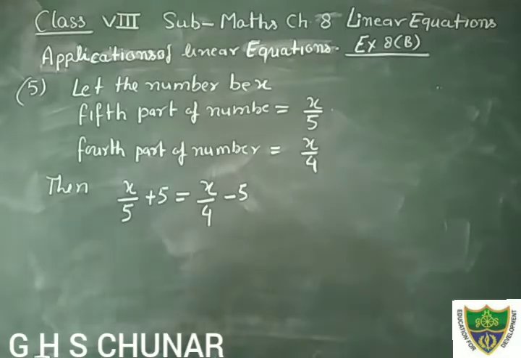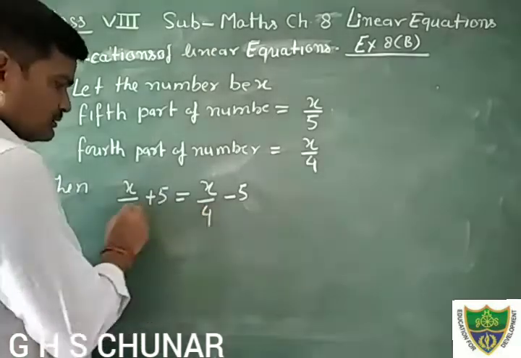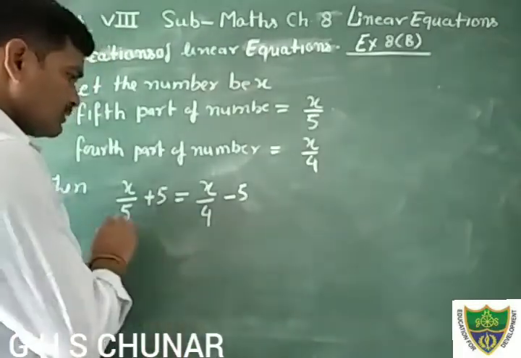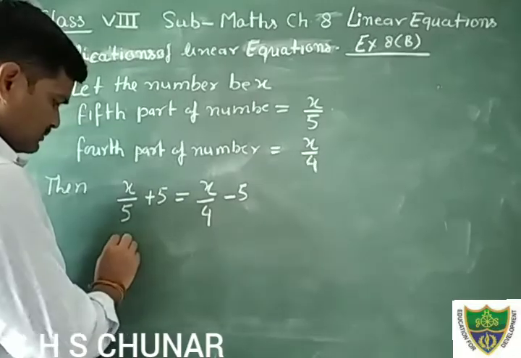Now we solve it. Here the denominators are 5 and 4, so we multiply by 20 in all terms of the given equation, the LCM of 4 and 5.